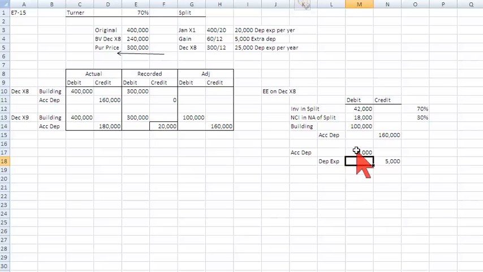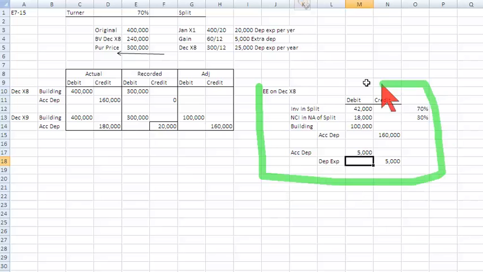This is the 5,000 that I had subtracted from this box. And now we have our elimination entry for December. Ooh, okay. Everything is right except there should be elimination entry on December X9. And there you go. Any questions, feel free to call or text.